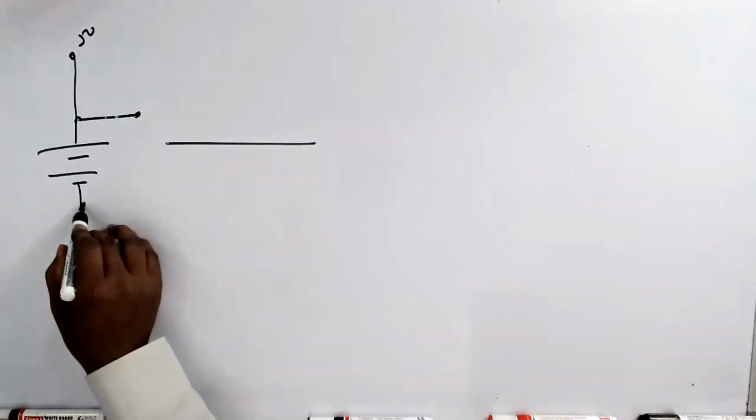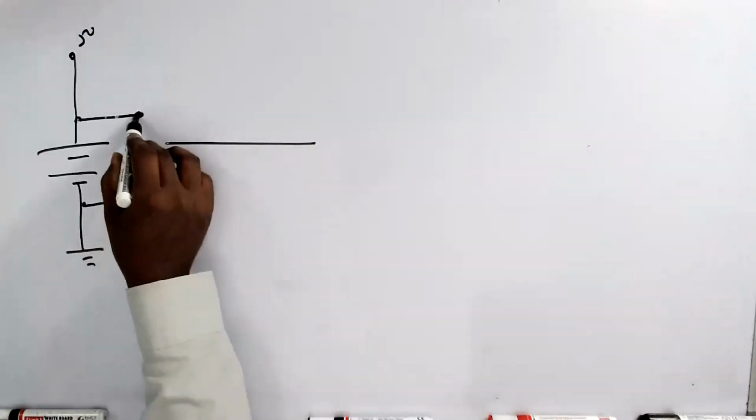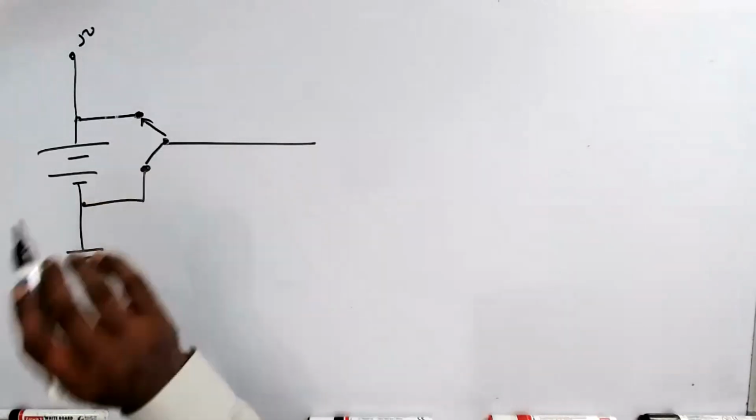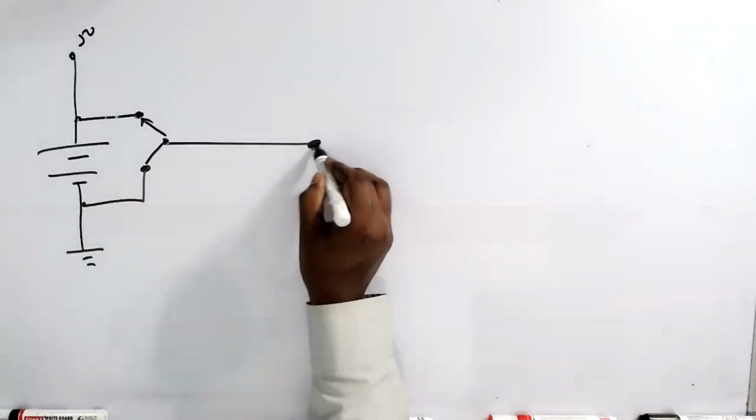I connect a signal from here. Now there's a switch. I can put the switch at 5-volt or 0-volt, and this is the point you are measuring.